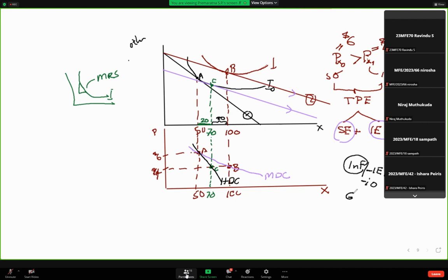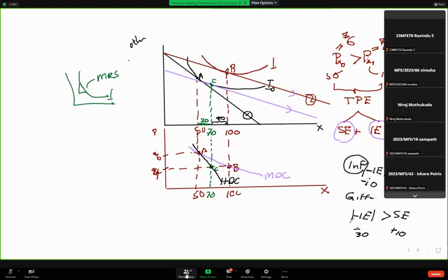Now, a different paradox, that is a special inferior good, the Giffen good, with a negative income effect. The negative income effect is greater than the substitution effect. Let's say the negative income effect is 30 units, you reduce the consumption, and the positive substitution effect only increases 10 units.